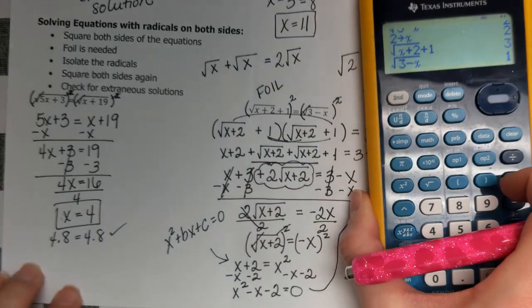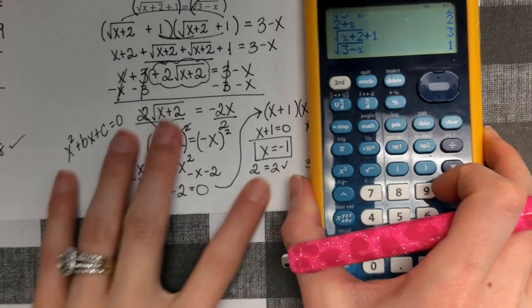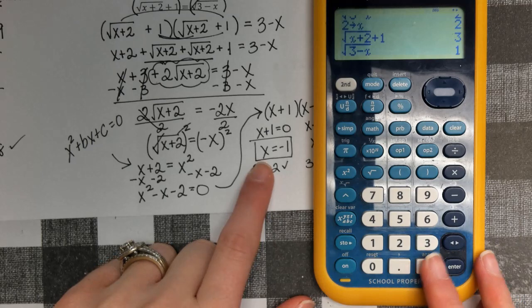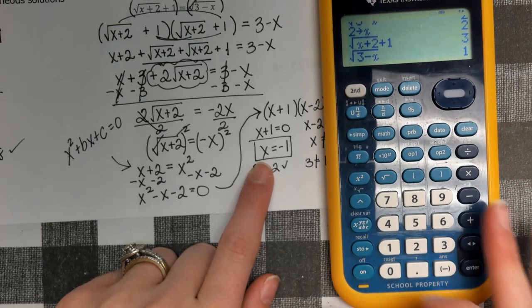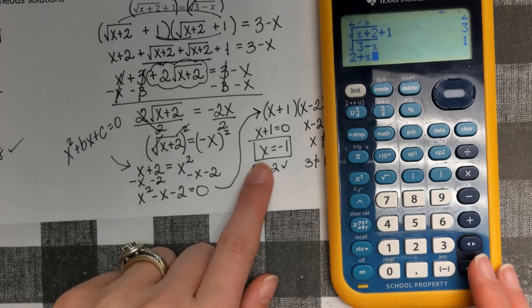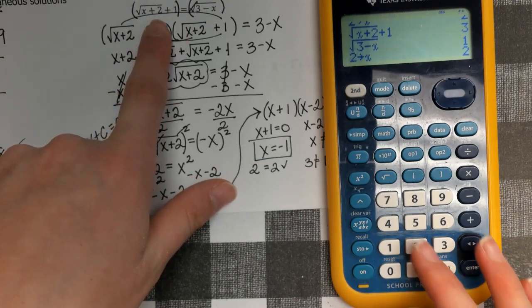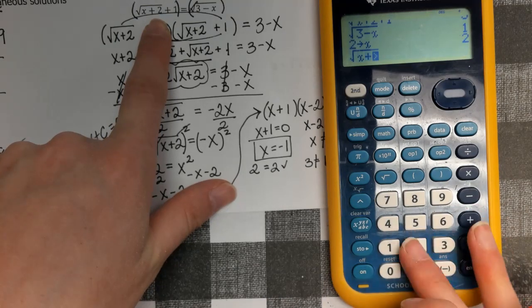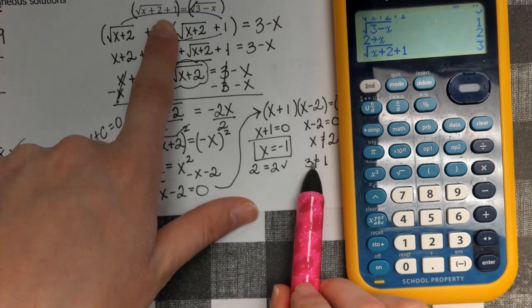The what? Just like the last part. So when you store, when I did -1 or 2, either one, all you're doing is typing the left side. So square root of x plus 2 plus 1. So I write down what the number is.